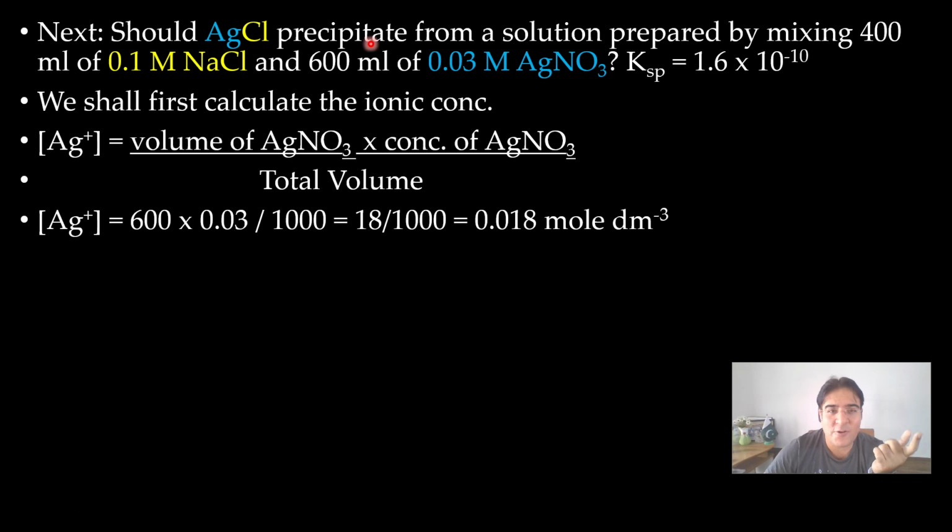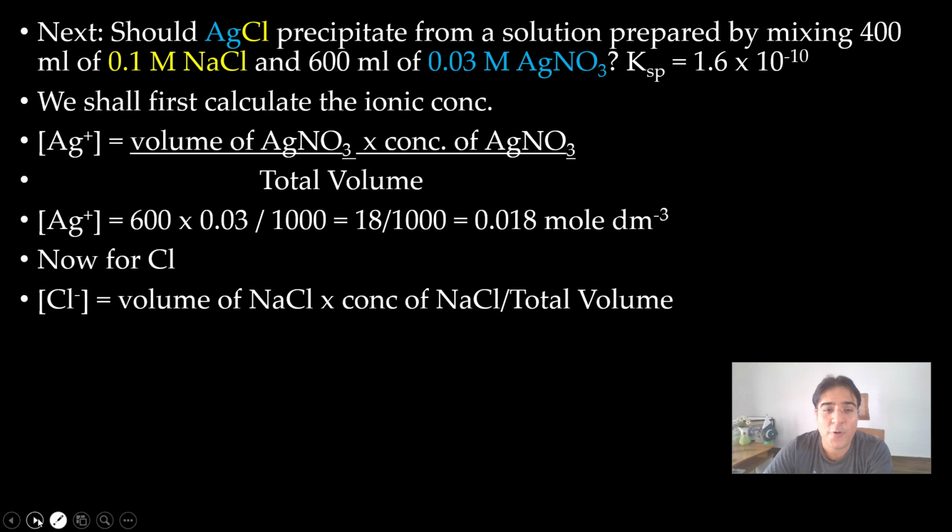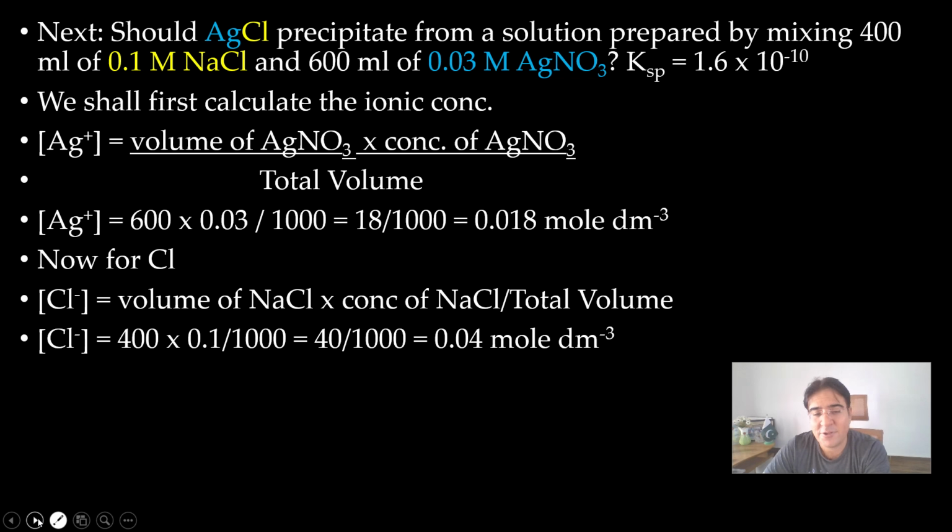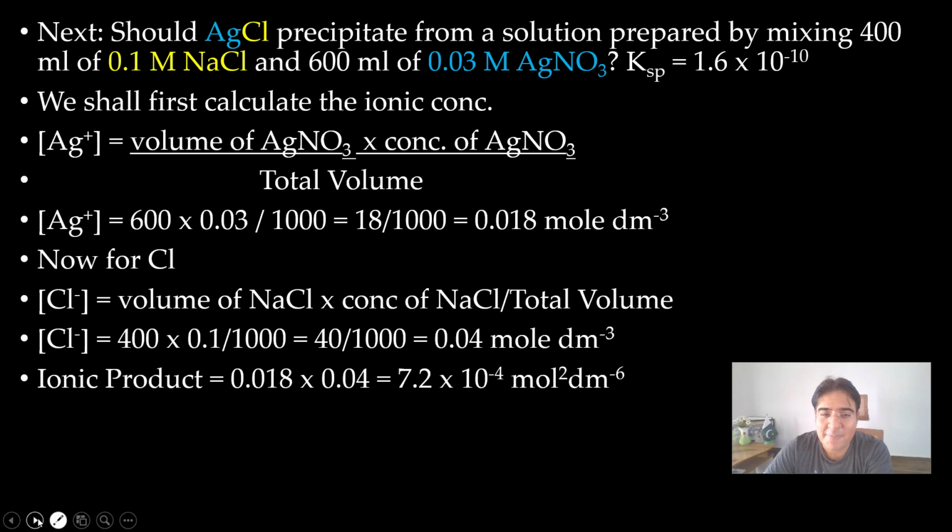So 600, the volume of AgNO3, into 0.03 molarity of AgNO3 divided by the total volume, which is 1000, and the answer is 0.018 moles. For Cl ions, same, but instead of 600 we use 400 because NaCl is 400. 400 into 0.1 divided by 1000. So you have this. Now just multiply them. The answer is 7.2 times 10 to the power minus 4.